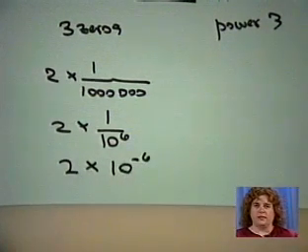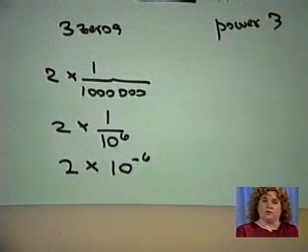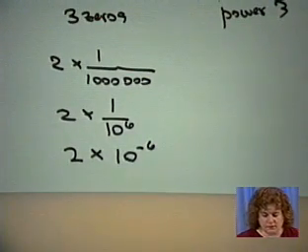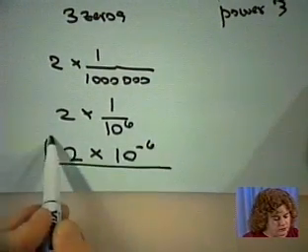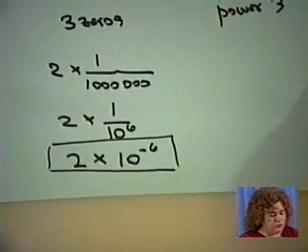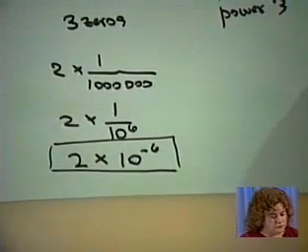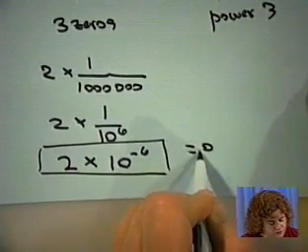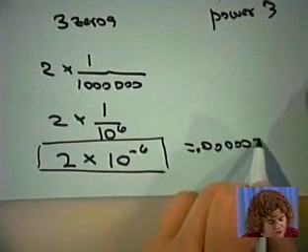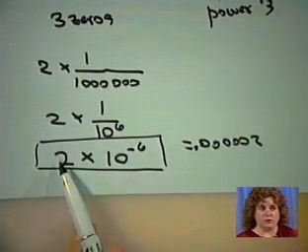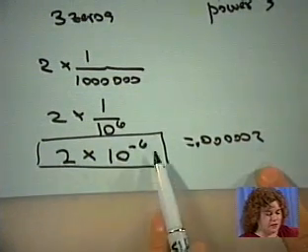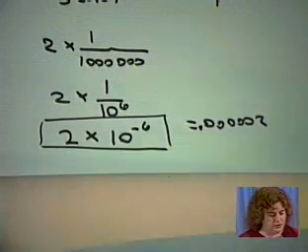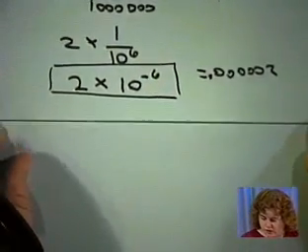If we have a number that has a positive power across the line, we'll make the power negative, just going in reverse. This is a number written in scientific notation right there. We started out with 0.000002, and wrote it as 2, the non-zero digit, times 10 raised to some power. And that's where we're heading in scientific notation, getting rid of all those zeros by writing things as products.